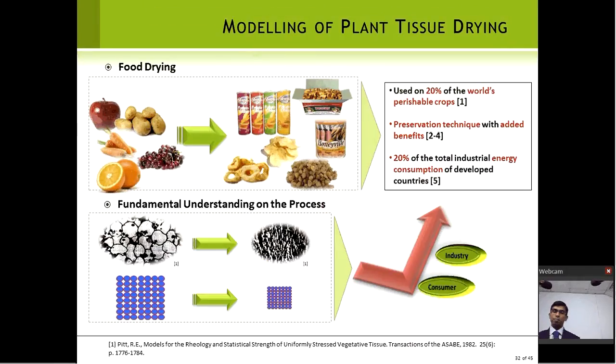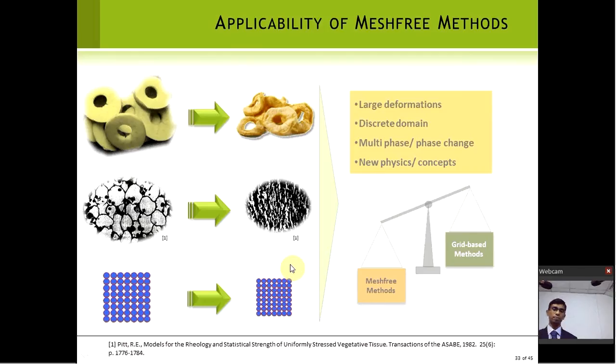Yes, the basics you can understand: there's a demand in industry for advanced food products where the fundamental understanding of what is going on is important to improve the productivity, even the processing techniques. So in drying, what basically happened, we got a cellular structure. During evaporation drying, the structure deforms, and so if we can model and understand the basics, that motivated us.